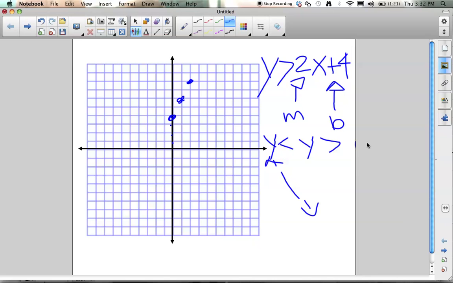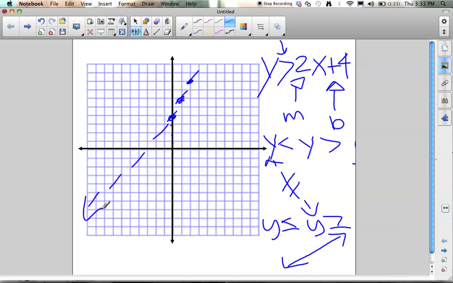And when y was less than or equal to or y was greater than or equal to, we just had a solid line. So, in our example, we have y is greater than. So we're actually only going to have a dotted line. So I'm just going to draw that right here. Voila. So this is a review.